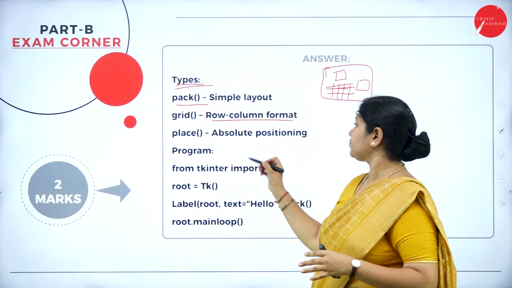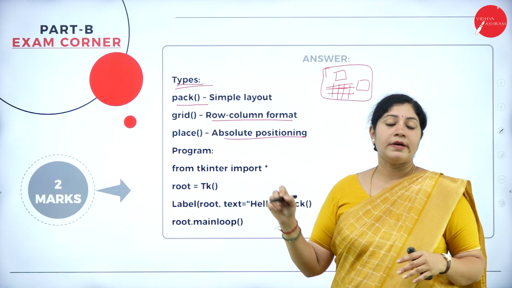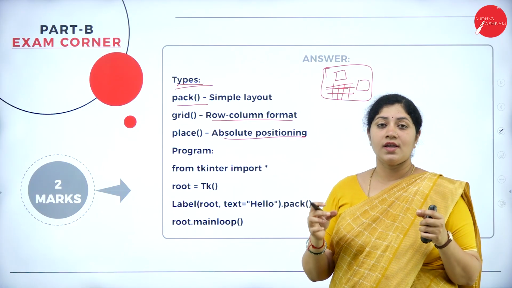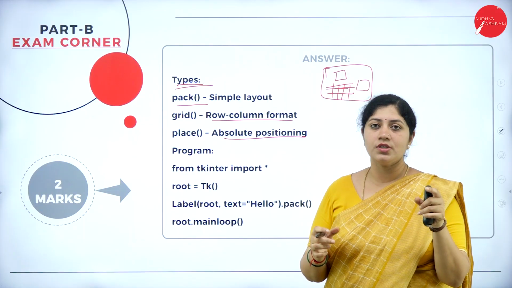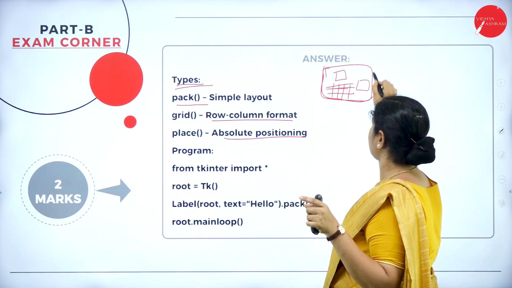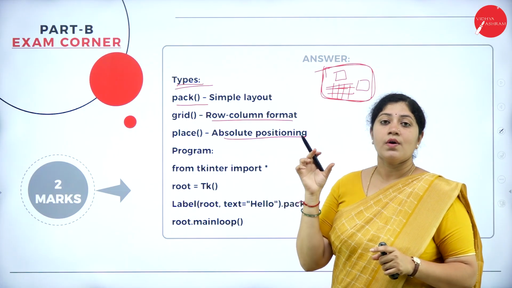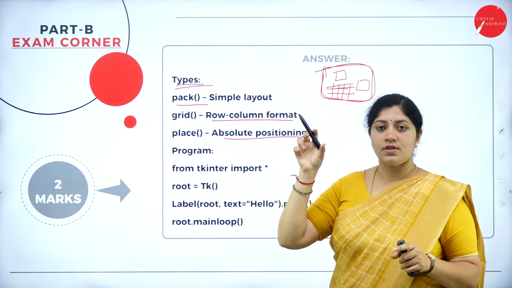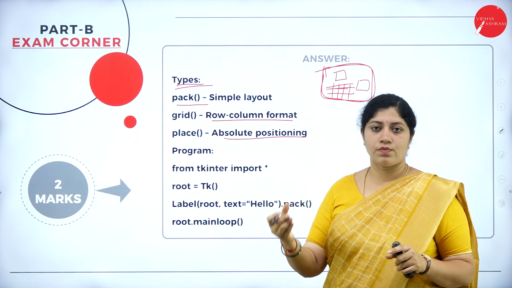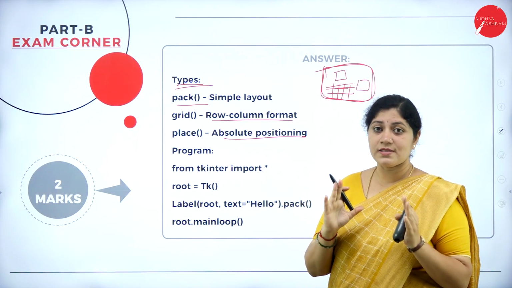Then place. By using place, I can exactly give the position inside a complete window. In the sense, I can define the x and y coordinates so that the text field or whatever I want to fix will be fixed in that place itself.